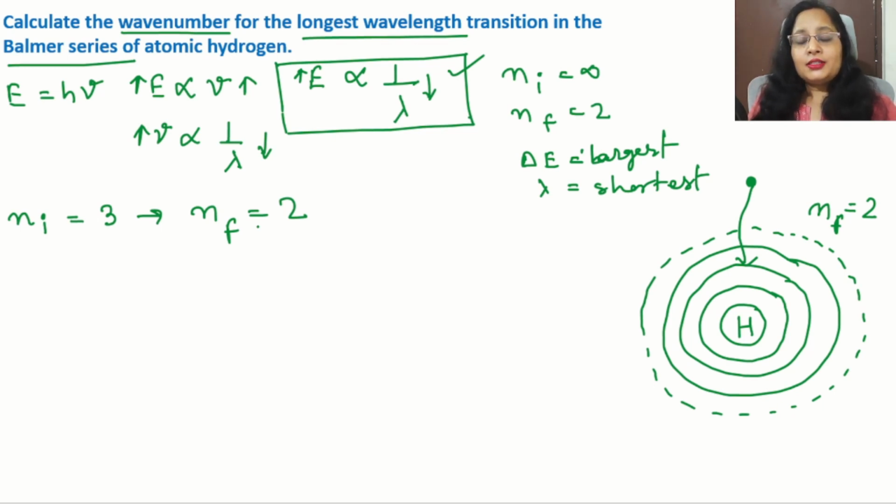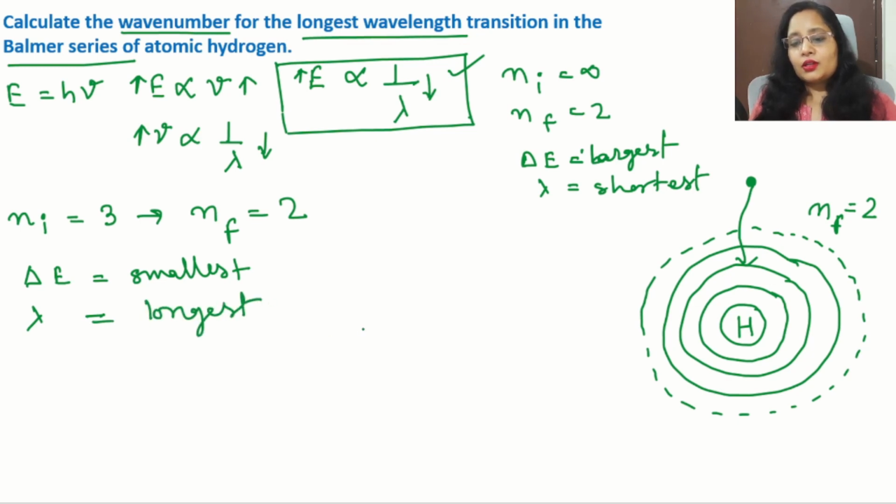And if the energy difference is smallest, lambda, the wavelength, will be the longest. That's why we will use n initial as 3, the electron's starting point, and n final as 2, the ending point.